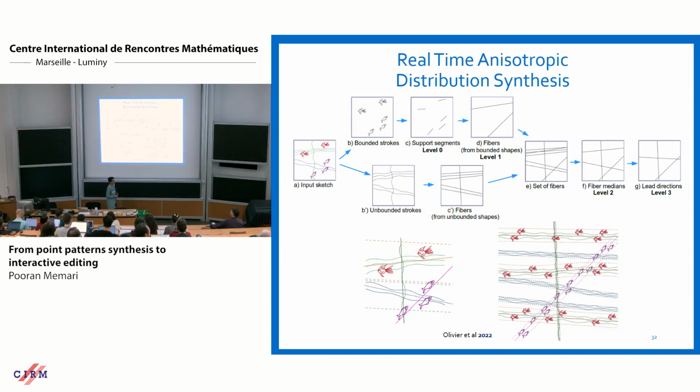But for example, in terms of segments, we have considered also distributions of segments, where you need to, of course, encode the orientation as well as the length of the segments. So it, of course, adds another dimension to your setting, and you need to be able to handle that. So in theory there is no problem, and we can handle this.